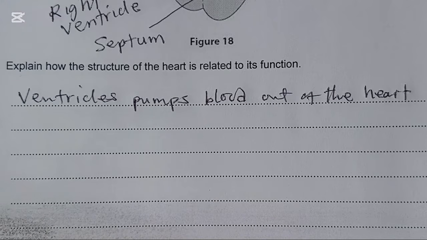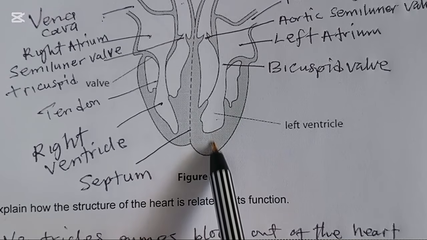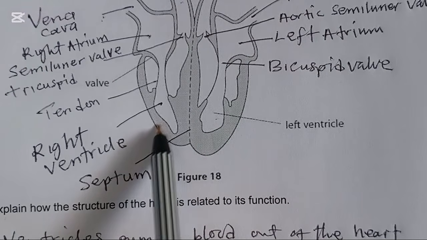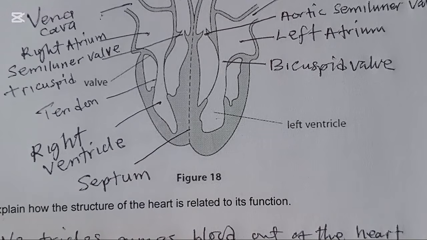Then when you look at the left ventricle, the wall of the left ventricle is thicker than the wall of the right ventricle. The reason is very simple.